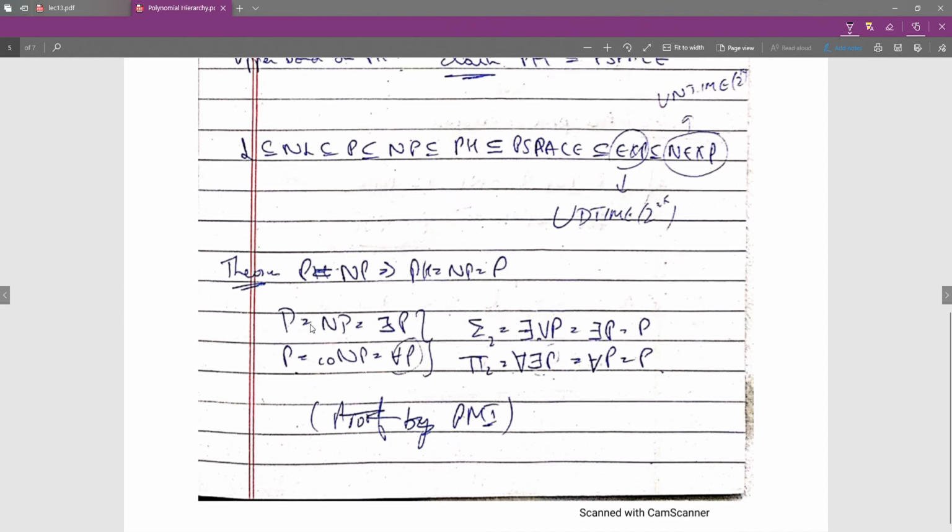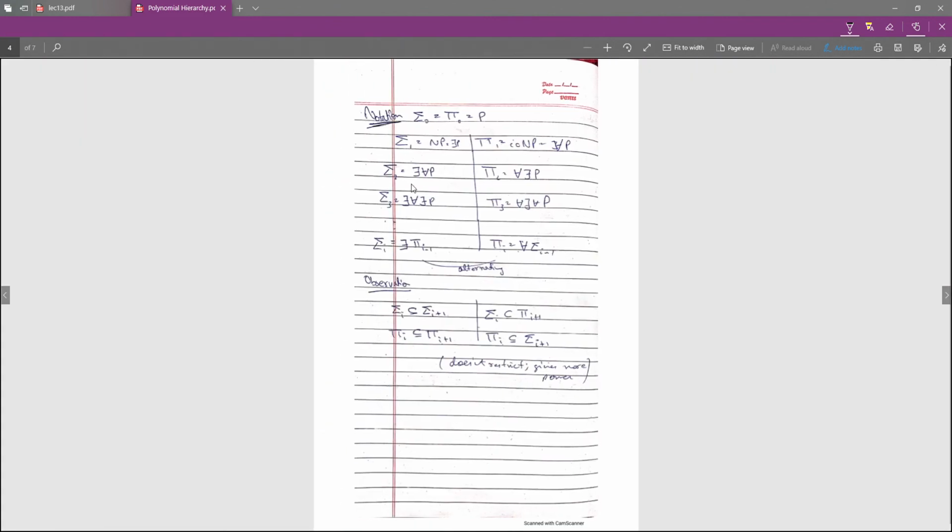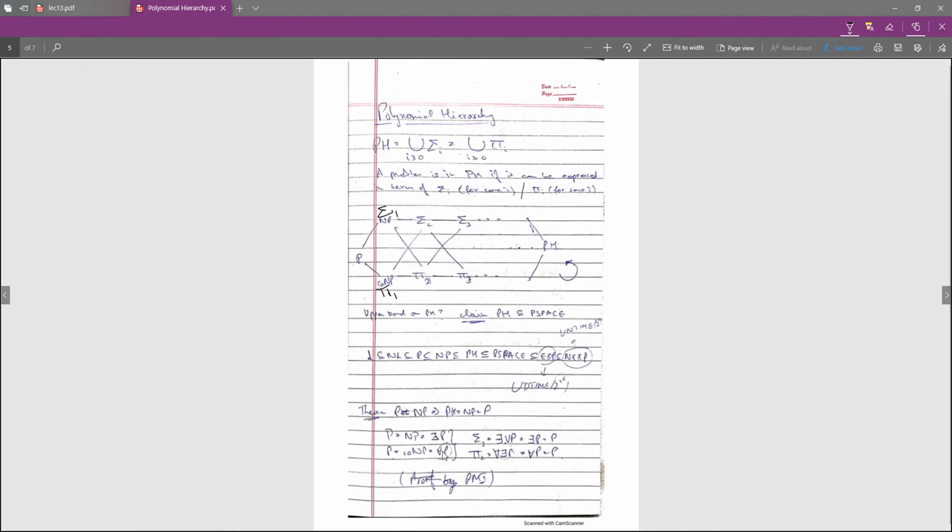We stated earlier that P equals NP, where NP is nothing but there exists P, and co-NP is for all P. At the second level, sigma_2 and pi_2, you can say that sigma_2 is equal to there exists for all P. For all P we can replace with P, and there exists P is nothing but P.